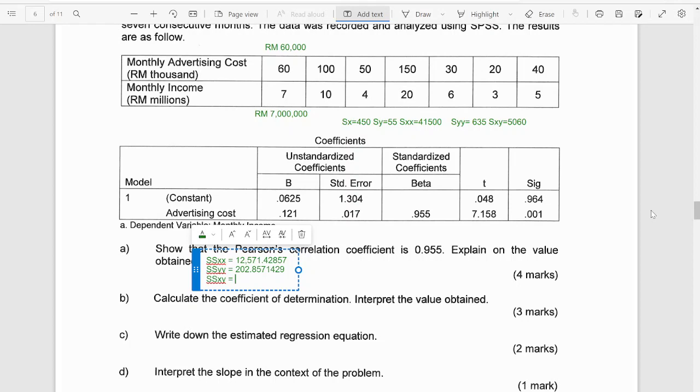So you get 1524.285714. Okay, so that is the value of SXX and so on.